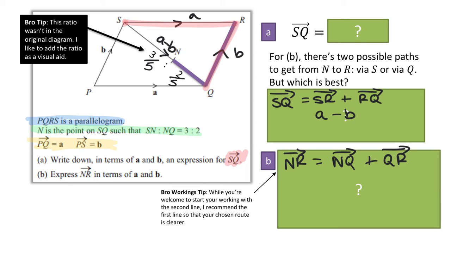However, NQ is 2/5 of the line SQ, is it not? So this is 2/5 of A minus B, plus, obviously, our QR. What is QR?